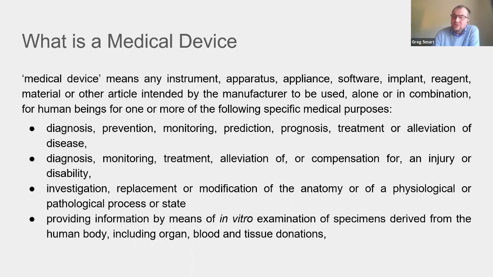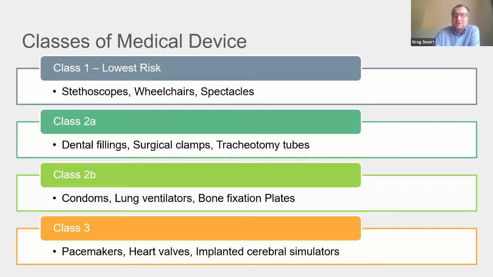So if you've looked at these regulations and decided, okay, I am going to be developing a medical device, then the next thing you need to ask yourself is, what class of medical device am I developing? I've borrowed this slide from a publication from the MHRA, the UK body that's responsible for administering the regulations. The examples they've given are all physical devices, although some of them might have software involved.